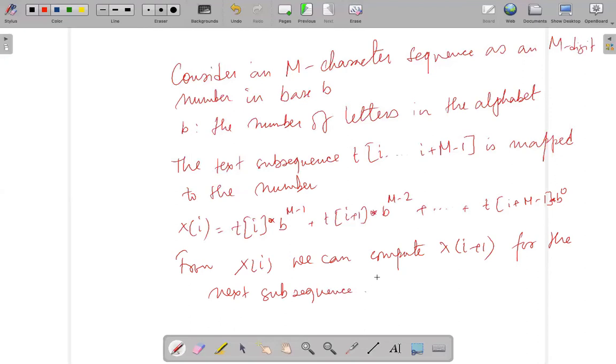Now, in order to do this, we need to find a smart way, right? Every time we cannot do this computation for every i, we cannot afford to do this computation. So we will try to have a tricky manipulation of xi in order to obtain xi plus 1. And as I'll show you, this can be done in constant time.